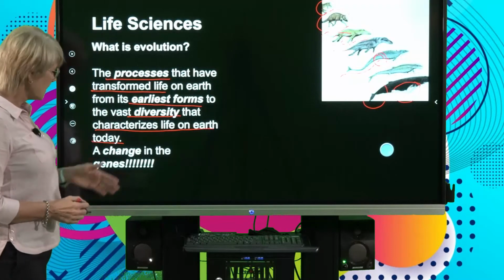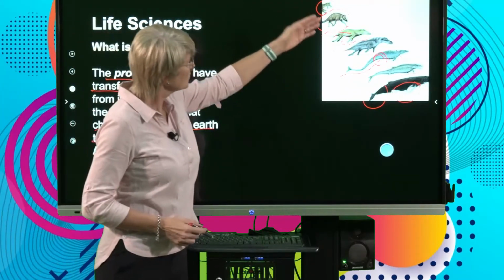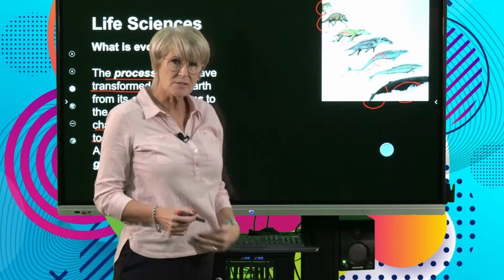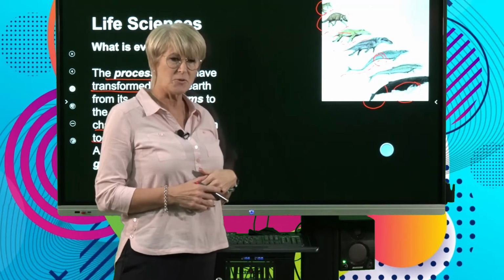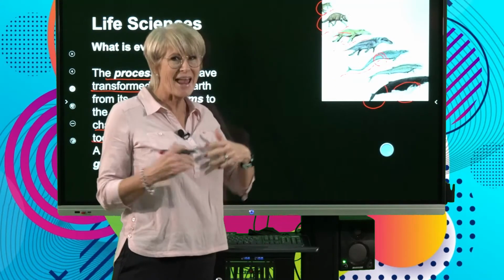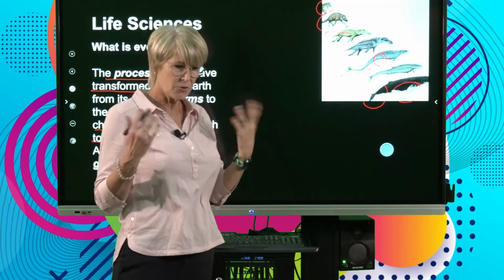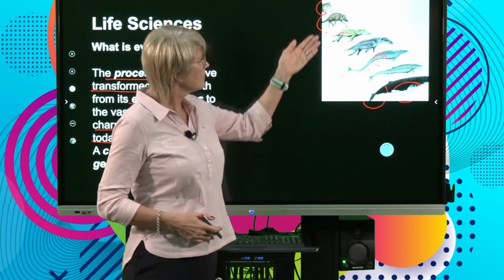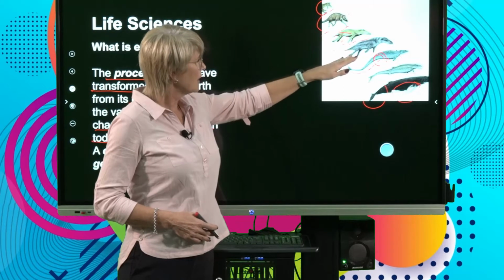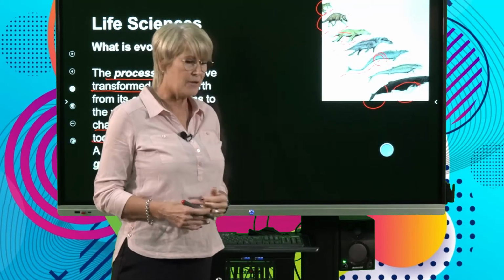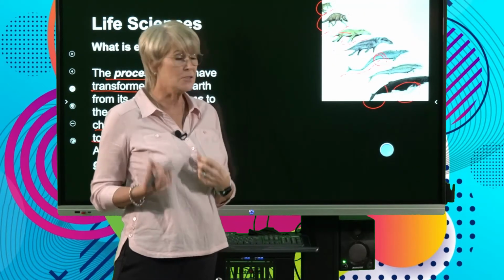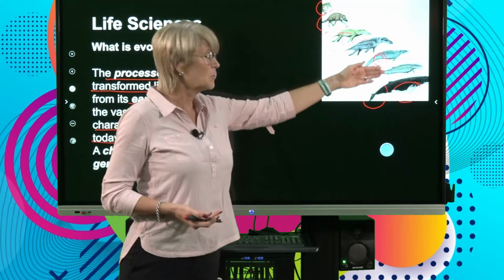And as I said when we were going through this, it would be mutations that take place. We've already learned that mutations are random, they occur randomly, and they then would work either in favor of an organism or maybe against the organism, but that is how organisms change.